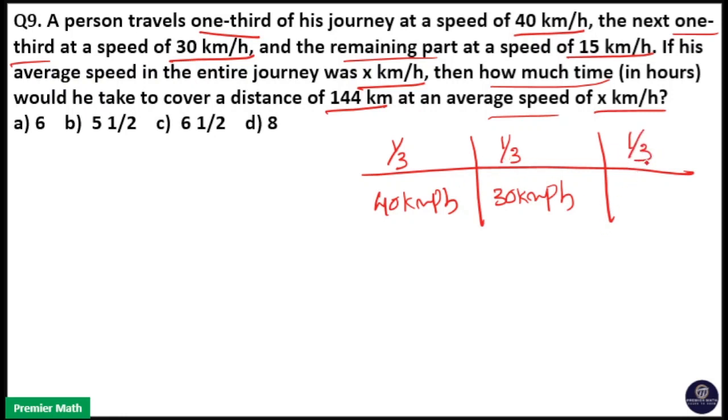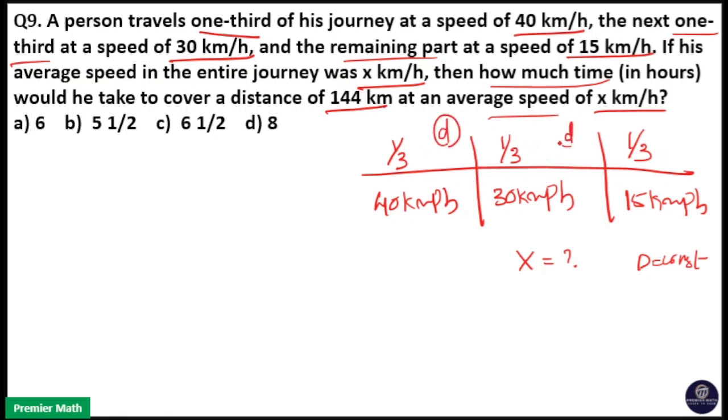So the remaining 1/3 is at 15 km per hour. We have to find the average speed x and the time taken to cover 144 km at this average speed. Here you already know the distance is constant: 1/3 distance, 1/3 distance, 1/3 distance.